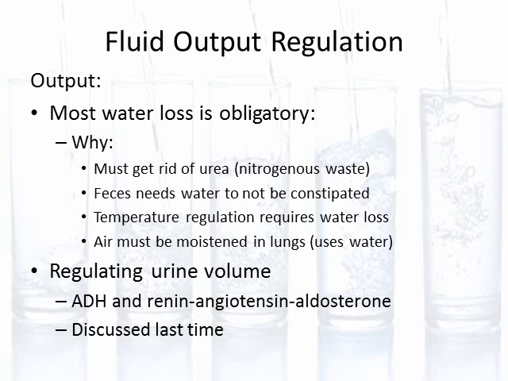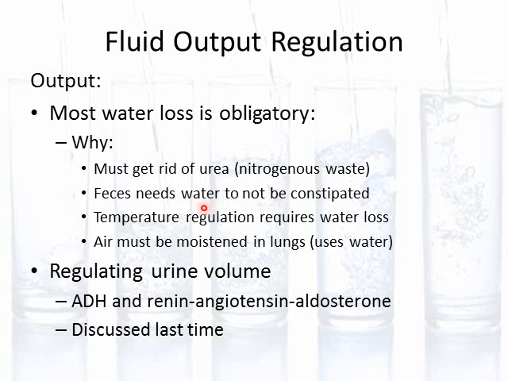Okay, so of all that water we have in our body, we're going to talk real briefly about how we regulate how much of that fluid leaves the body, here on regulation of fluid output. And then the next slide will be how much of that fluid comes in, so regulation of fluid intake. On the output side, most of our water loss is what's called obligatory. We can't really control it. It just happens. We have to use fluid to get rid of urea in our urine, that's the nitrogenous waste from breaking down proteins and nucleic acids.